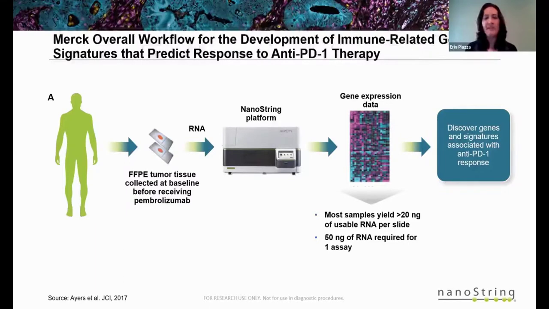They started with FFPE tumor tissue taken from patients prior to receiving the drug. RNA was extracted and analyzed on the nCounter platform. Depending on the custom product they were working with, they got anywhere from 400 to 600 some genes of information, and they used that data to try to discover genes and signatures associated with anti-PD-1 response.